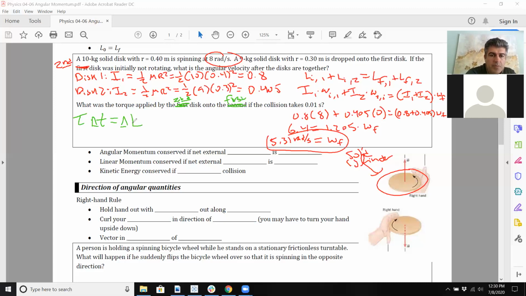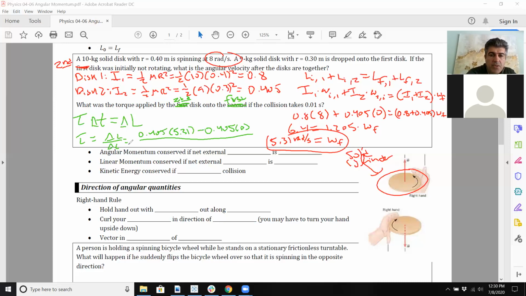So we do know that tau, or we solve for delta t. No, we want the torque, duh. So tau equals delta L over delta t. So your final momentum, remember the inertia of the second disc is 0.405, and it's now spinning at 5.31 rads per second, whereas initially it wasn't moving at all.